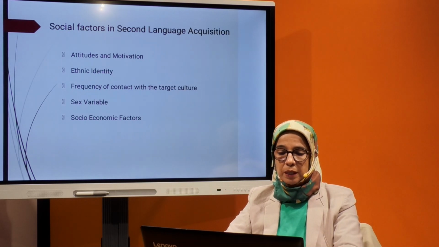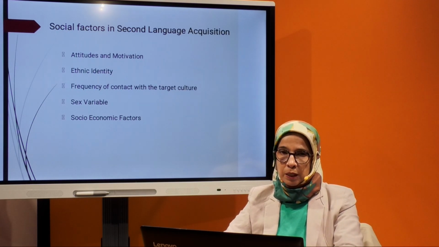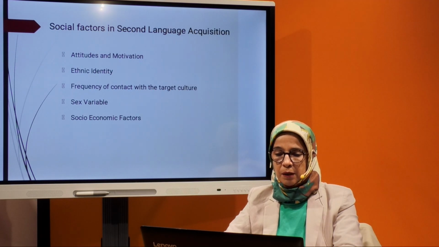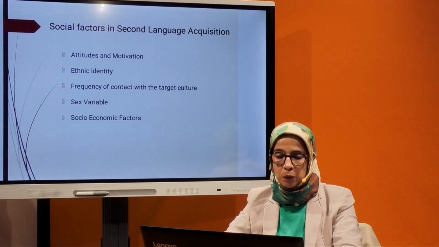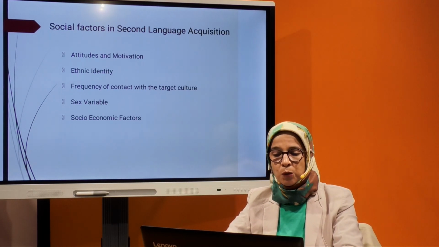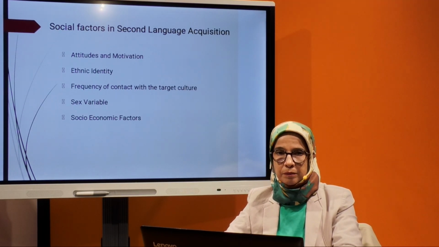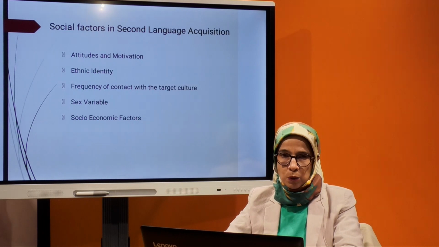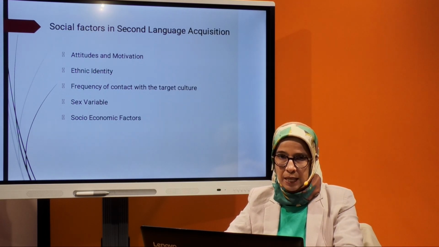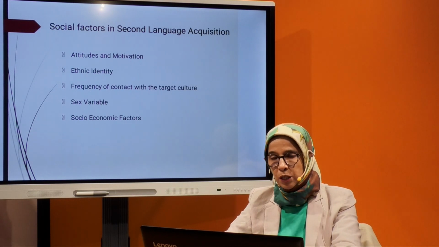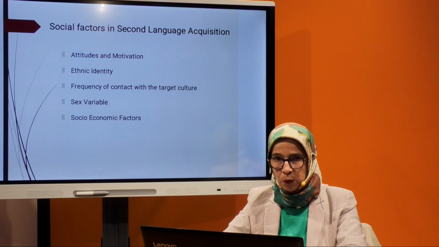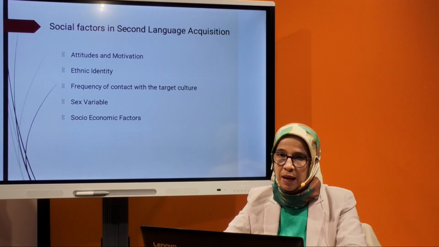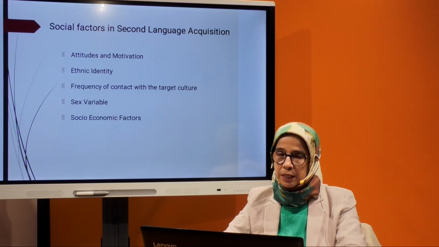Many researchers did comparative studies between learners who have visited the target language community and learners who have never been there. They assume that those who had direct contact with the target language community are more successful in learning a second or a foreign language than those who have never been to the target language community. Is this true?